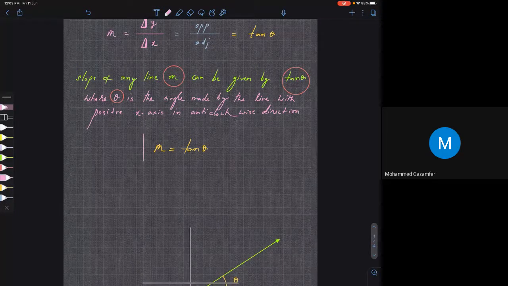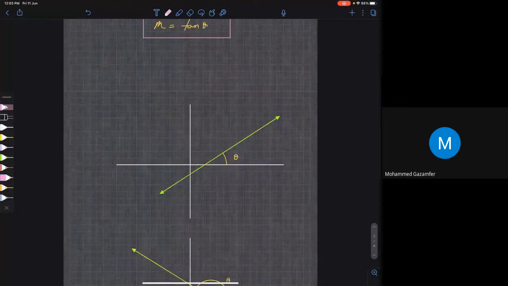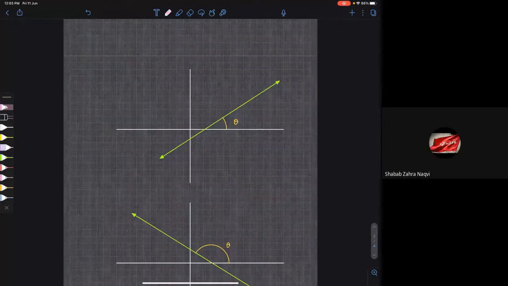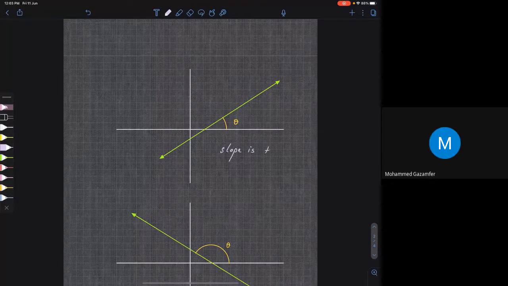Now I told you before, long ago, that if a line is making an acute angle, the slope is positive. Here the slope is positive.